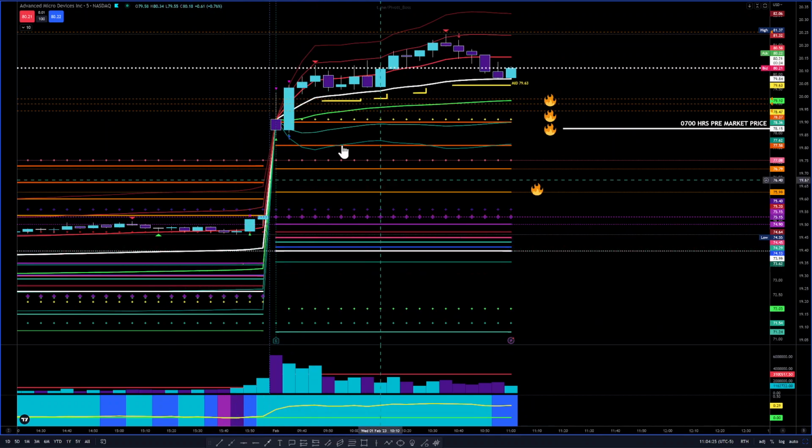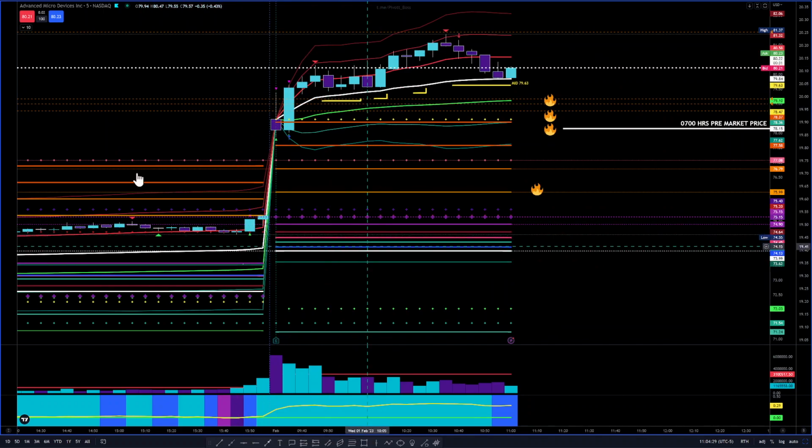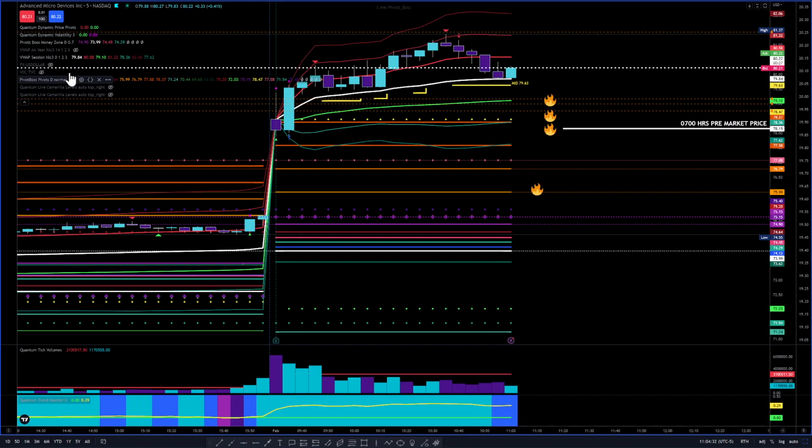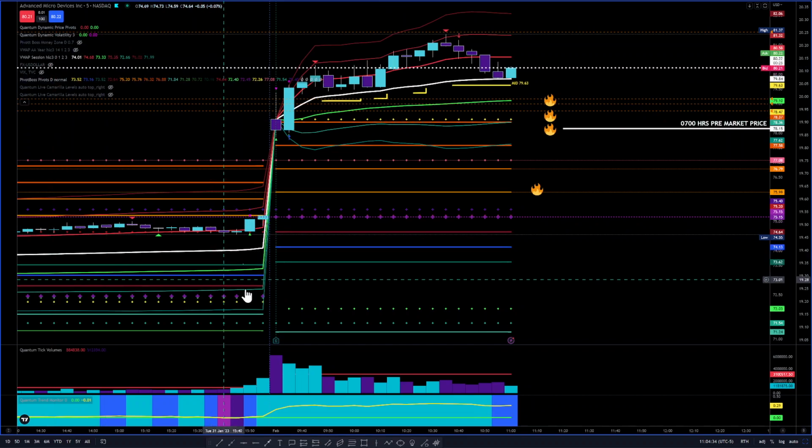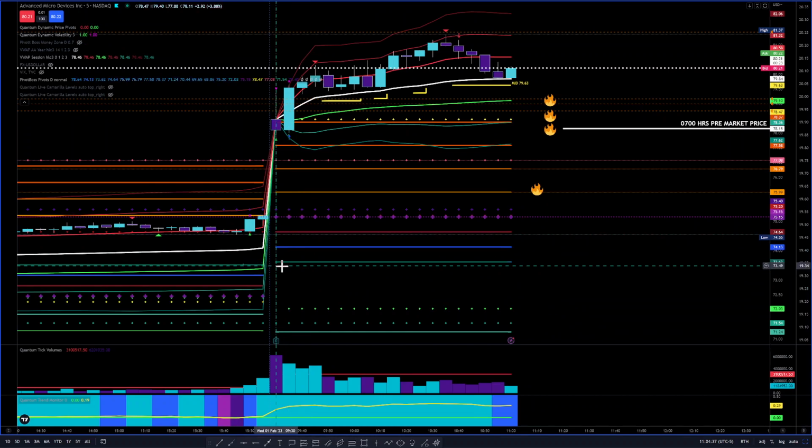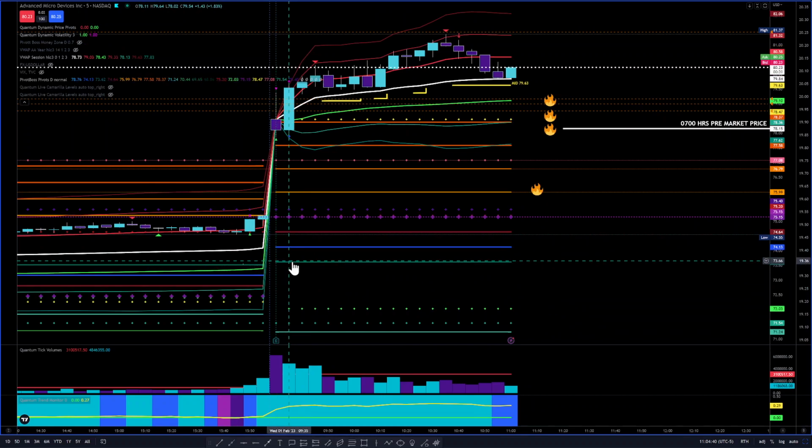The value area low is now higher than the previous day's value area high. Let's see here with the pivot levels. Let me take off the money zone so I can see that clearer. The pivot levels are also in a higher value relationship. This bottom central pivot is at 73.62.